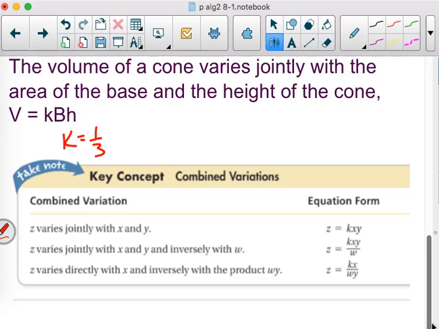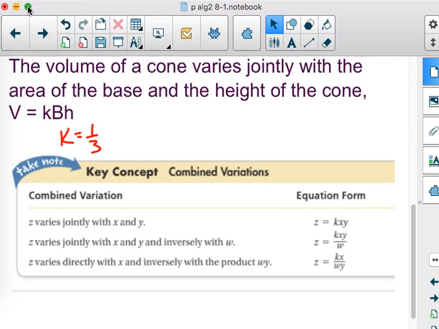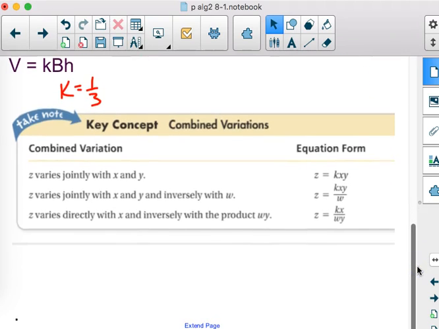So what we're going to do today is look at some combined variations. And yeah, they kind of look like word problems, but they're not bad. You know why? Because there's only one that does division and the rest of them are multiplication. What's the one that does division? Inverse. So if it says varies, you just stop for a second and say, hey, is it inverse? Should I divide? Or is it something else that it's multiplying?